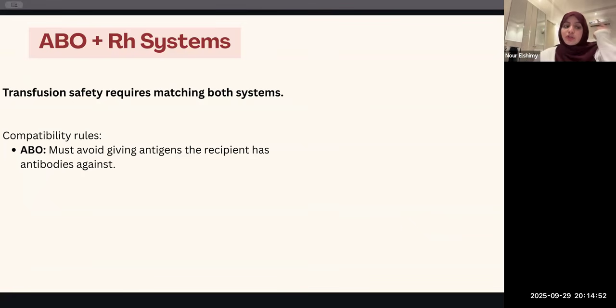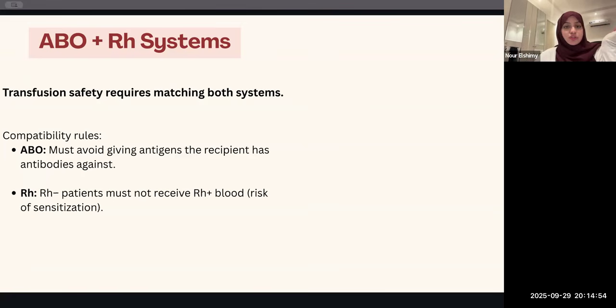Second thing you should put in mind is the Rh. If you're Rh negative, then you should not be receiving Rh positive blood, because Rh positive blood would let your body make antibodies against it. How I like to remember it is that Rh negative patients, their Rh is negative, so it has a bad influence. It produces antibodies against the positive.